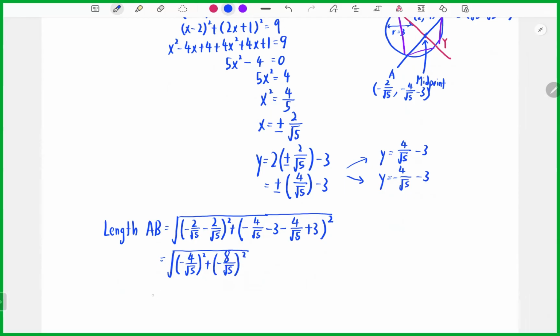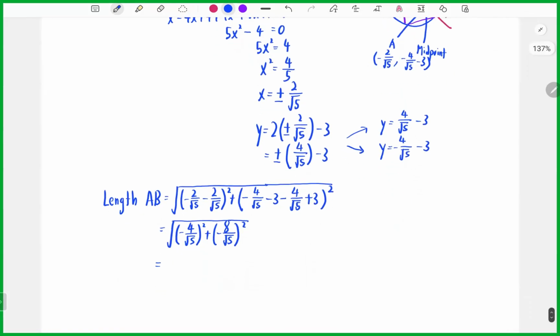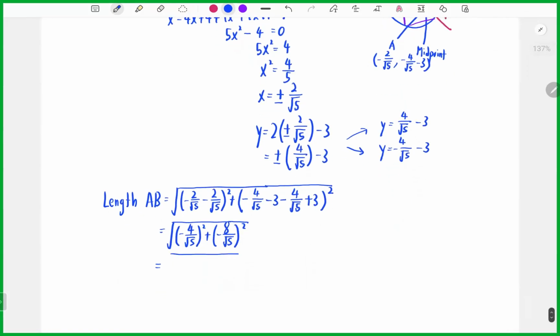Because you don't have a calculator, you need to calculate step by step.